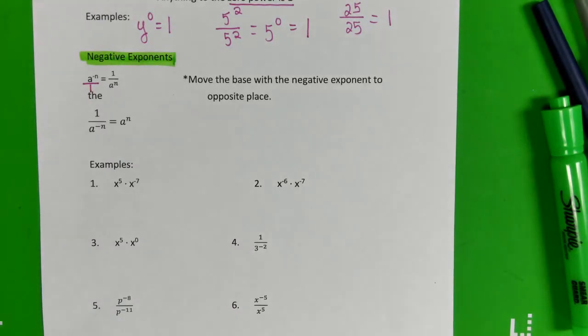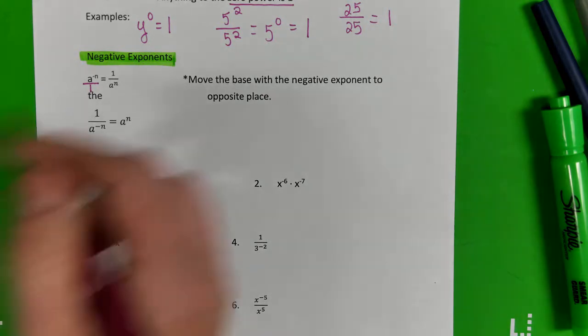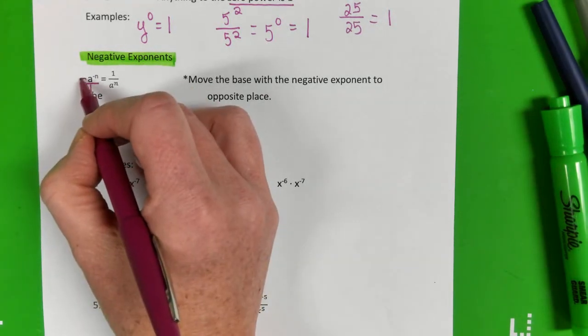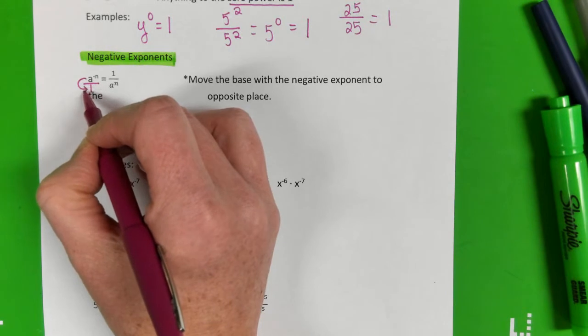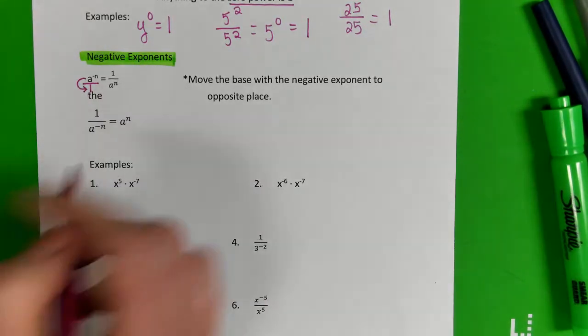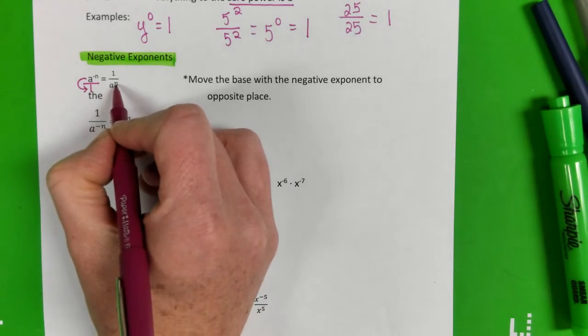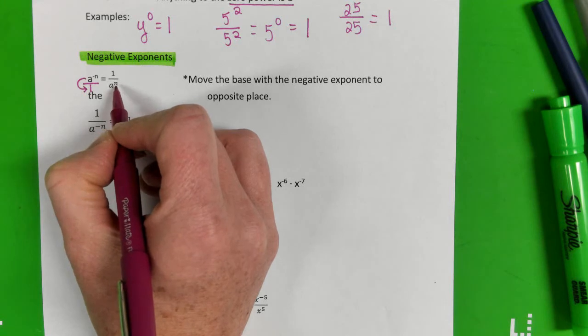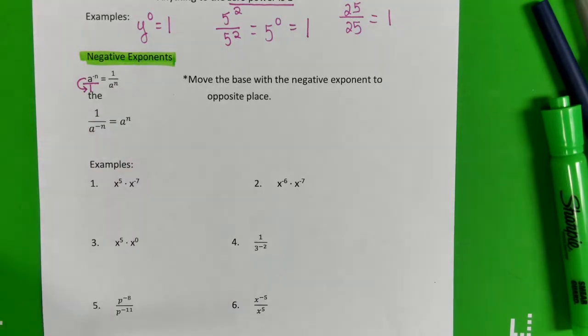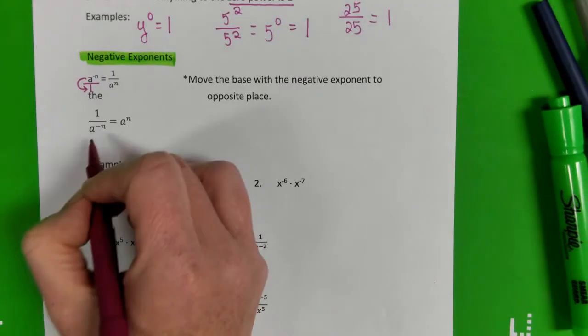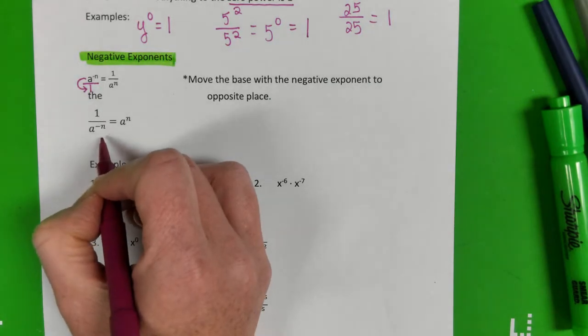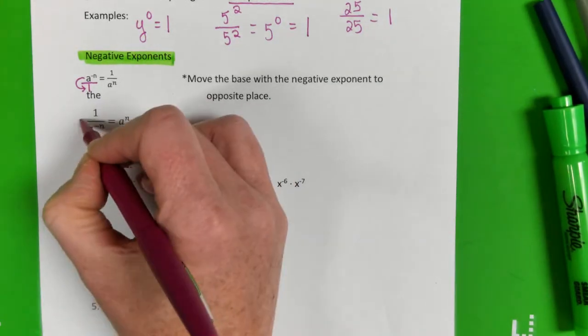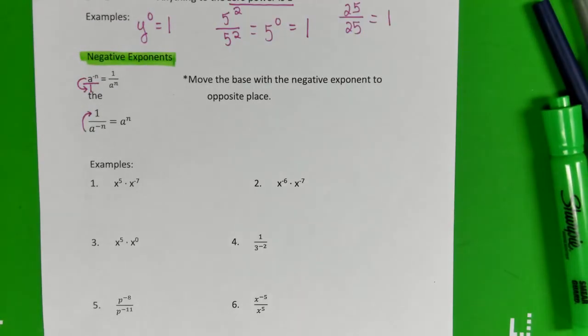All you have to do to make that exponent positive is move its base and its exponent to the denominator. And when we move it, it changes the exponent, only the exponent, to positive. If we have our negative exponent in the denominator, all you have to do is move it to the numerator, and it makes the exponent positive.